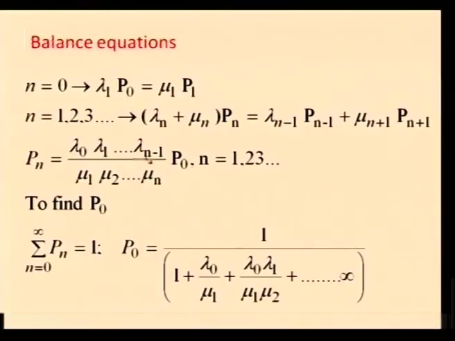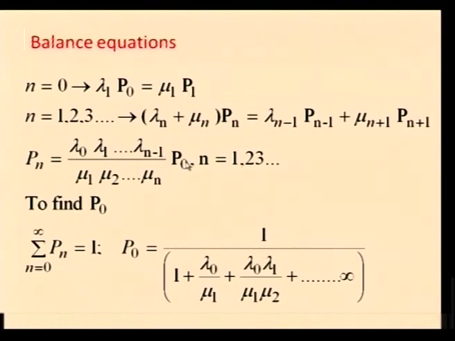So, we can now generalize this expression and get the expression we need here. That is how we get p n equal to lambda naught lambda 1 up to lambda n minus 1 divided by mu 1 mu 2 and so on up to mu n, into p naught, for n equal to 1, 2, 3 and so on. Now, the whole thing rests on what this p naught is.